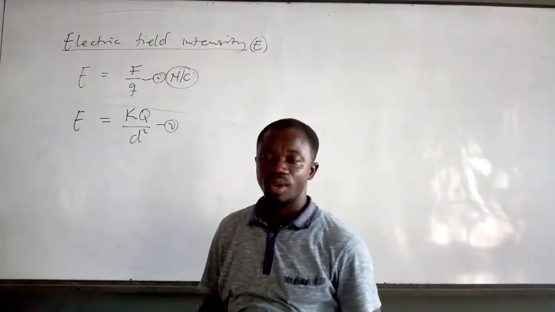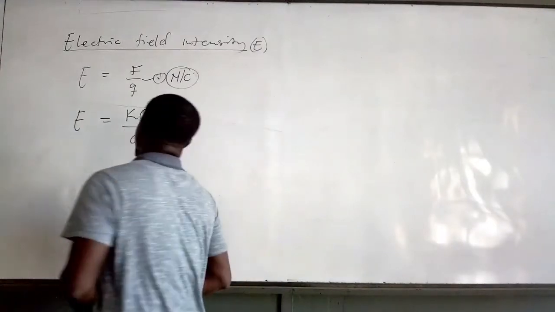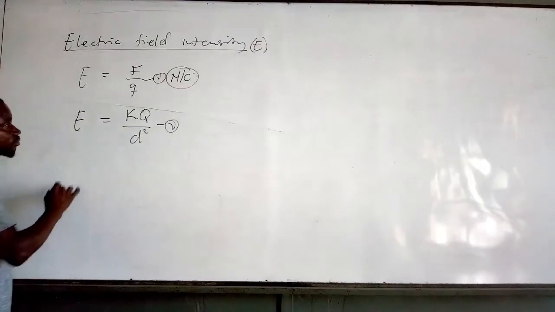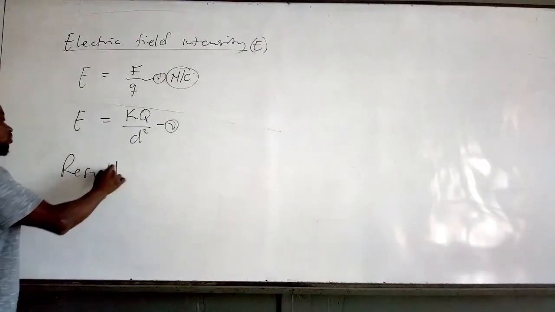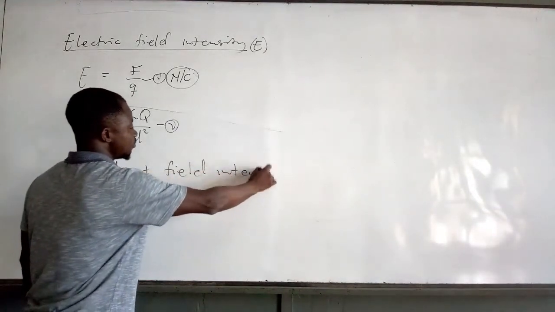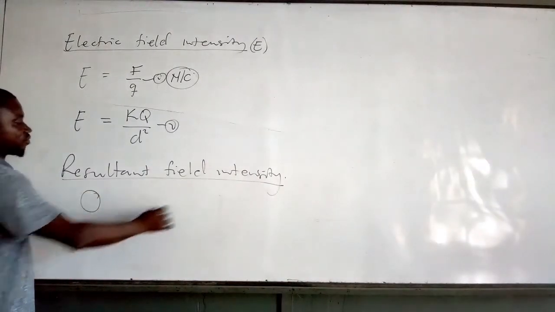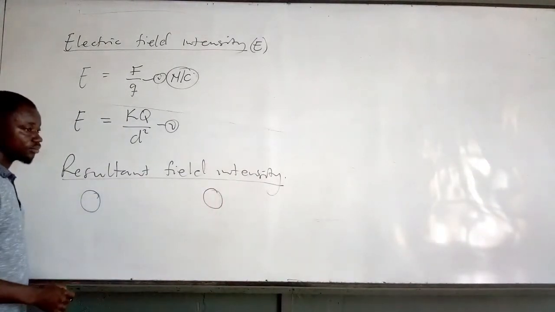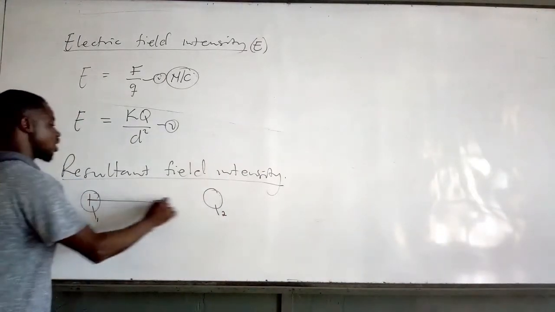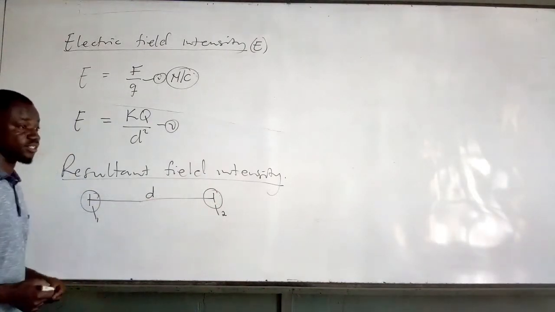Good. Let's look at resultant field intensity. Let's take, for instance, we have two charges Q1 and Q2, that are placed at a distance d apart from their centers, all right?